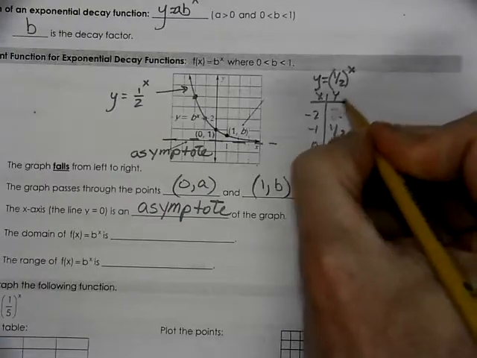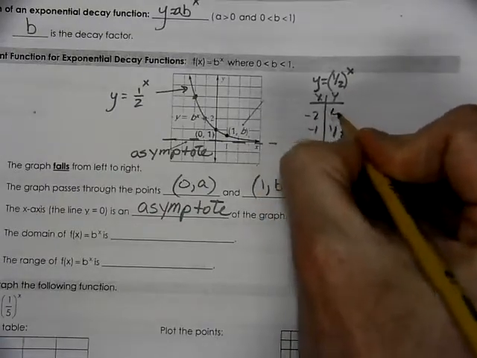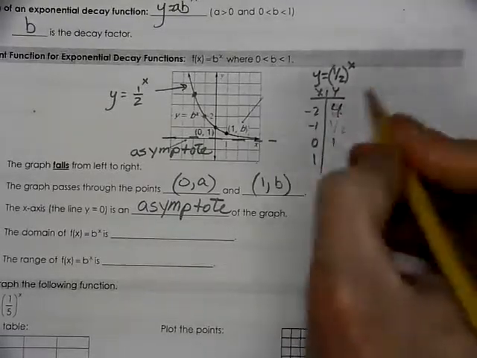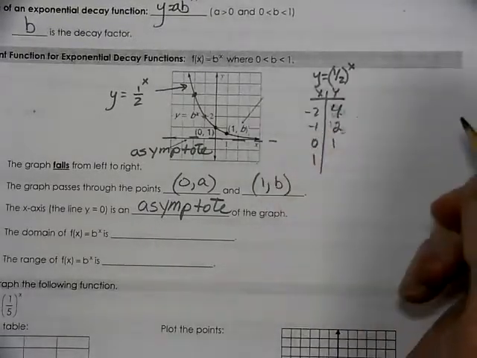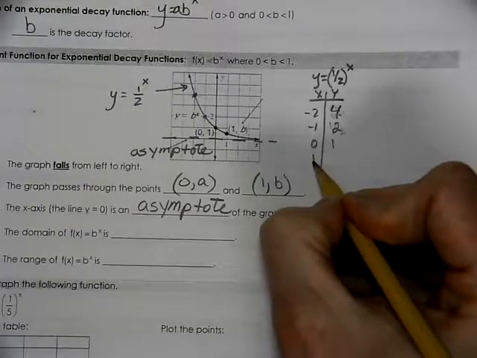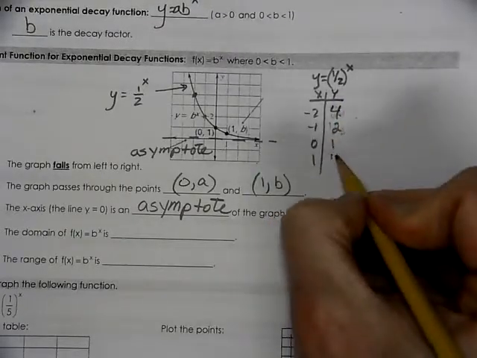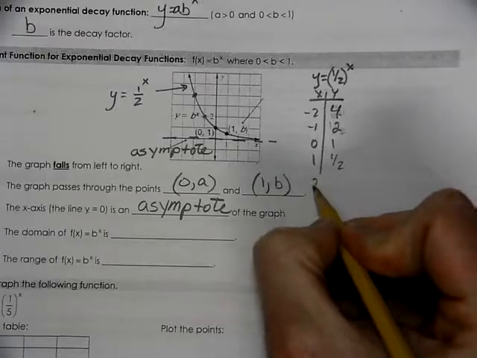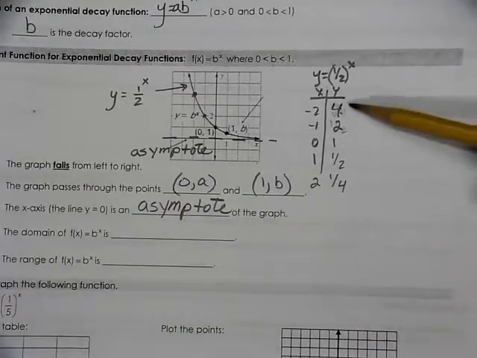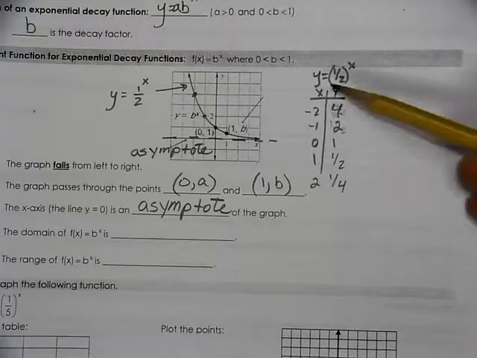Let's try that again. Take the fraction and flip it over, because it's a negative exponent. Anything to the 0 power is 1. Anything to the first power is the base itself. And then from this point, it starts to get smaller. So notice how they get smaller every time.